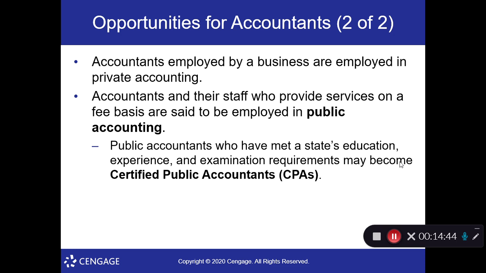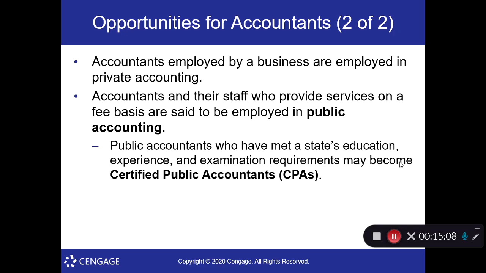So again, going back to this concept, accountants employed by a business are in private accounting, where they're making management or managerial decisions, and then accountants and staff who provide services to companies for fees, whether they're completing an audit, tax work, or consulting work, are said to be public accountants.